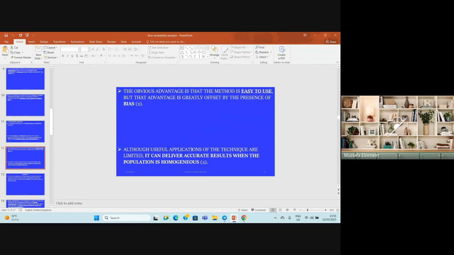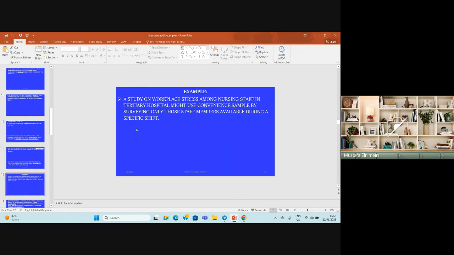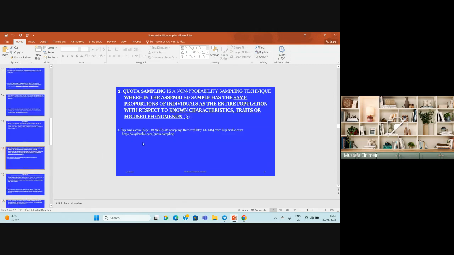Although useful applications of the technique are limited, it can sometimes deliver accurate results when the population is homogeneous. For example, if we are carrying out a study on workplace stress among nursing staff in a tertiary hospital, we might use convenience sampling by surveying only those staff members available during a specific shift.